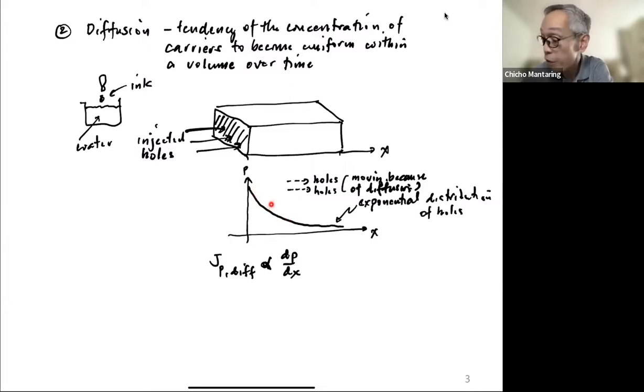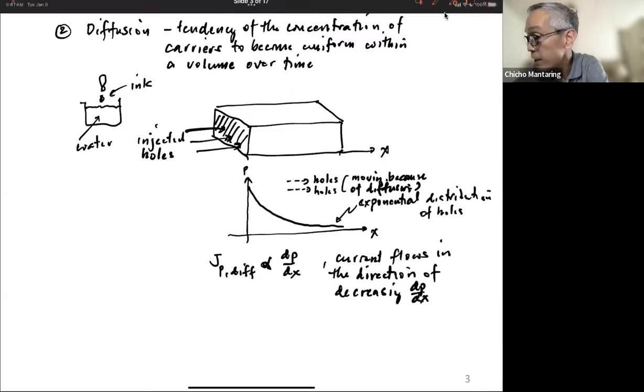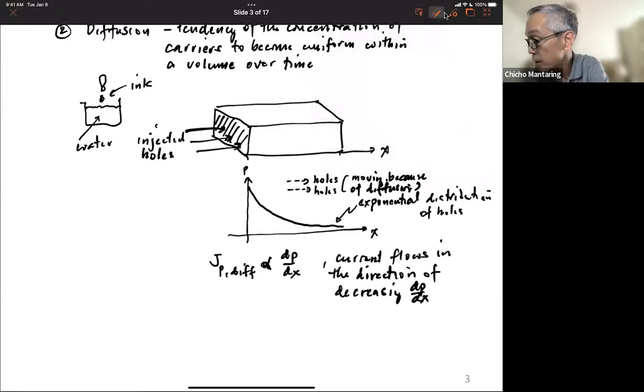And my direction of current flow is in the direction of negative dp/dx. No? So current flows in the direction of, not of decreasing, sorry, of negative dp/dx.